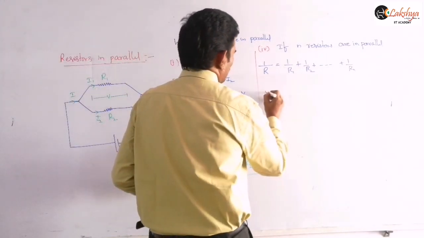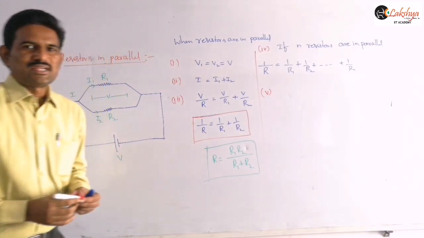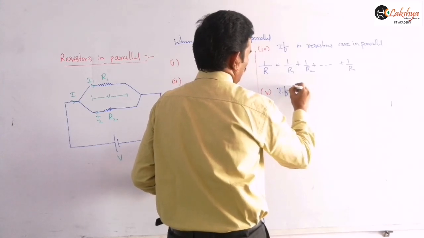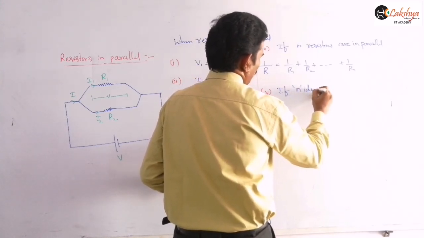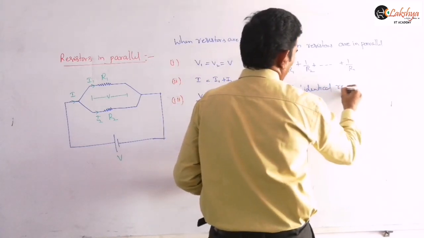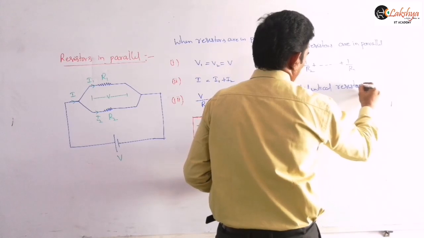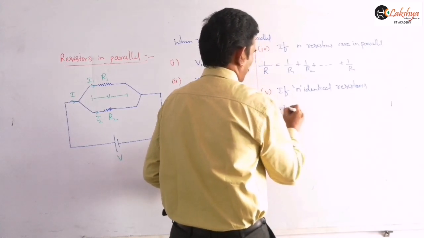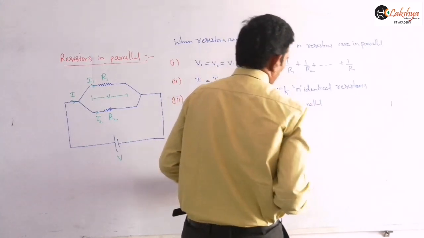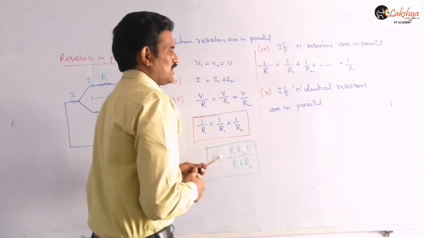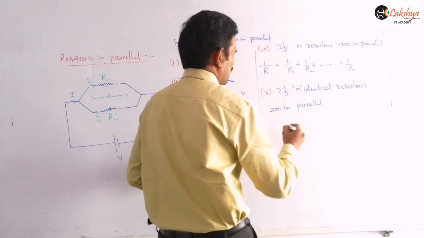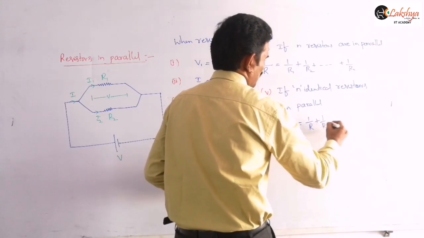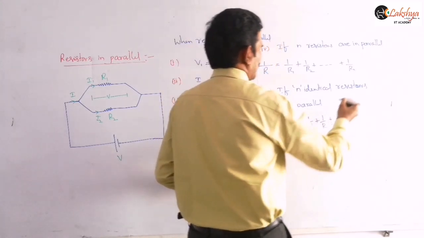And next, suppose all those resistors are identical. If n identical resistors are in parallel, then the effective resistance we can write as 1 by R effective is equal to 1 by R plus 1 by R plus and so on, n identical resistors.